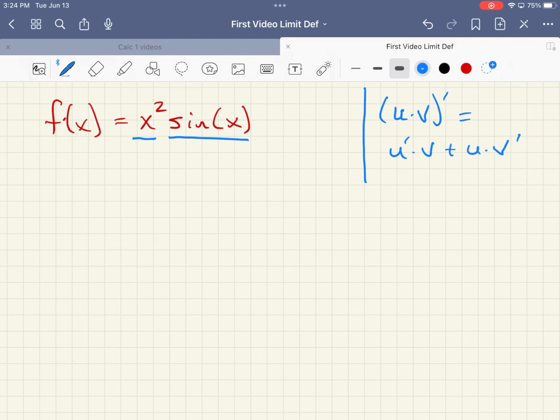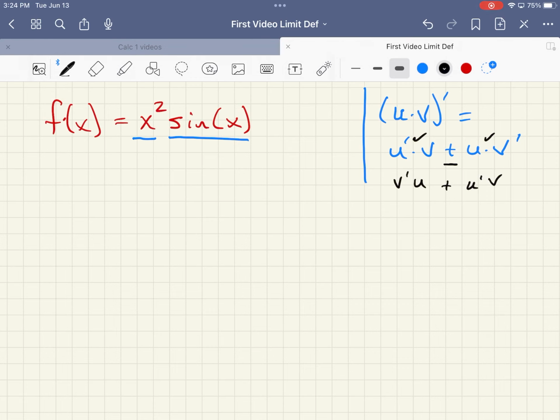Now, just as a little side note, because this is plus and this is times here, you don't have to put it in this order. In other words, you could have it like this: v prime u plus u prime v. So it doesn't really matter which order you put them in, as long as you have the derivative of one times the other plus the derivative of the other times the one.